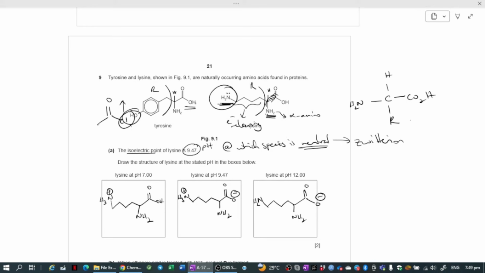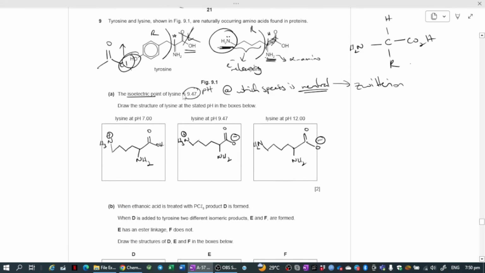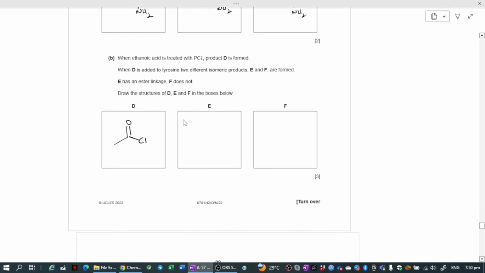If you add the ethanoyl chloride to this end, you actually will not get an ester. You will get something called an anhydride. You don't get the ester. So that's why you can't do the reaction on this end of the molecule. So the ester, the phenyl ester, will look like this. O, right?